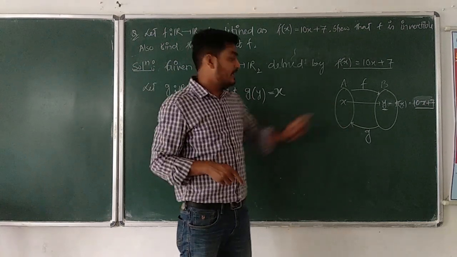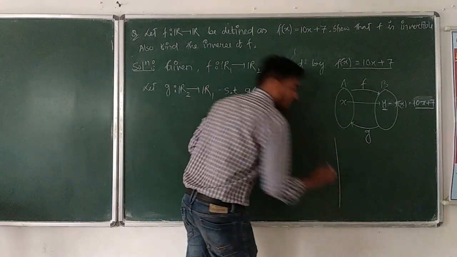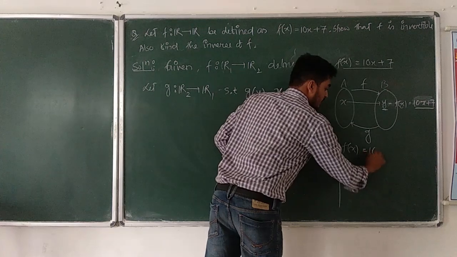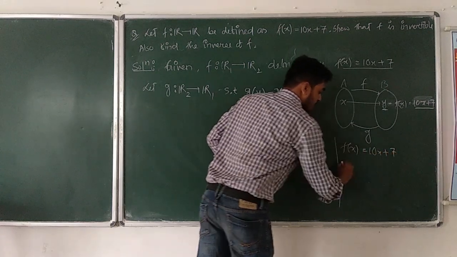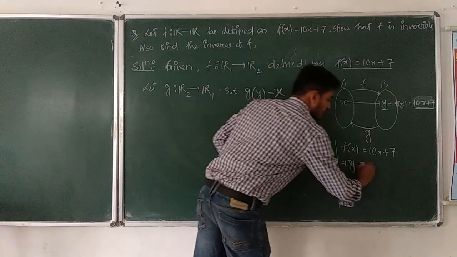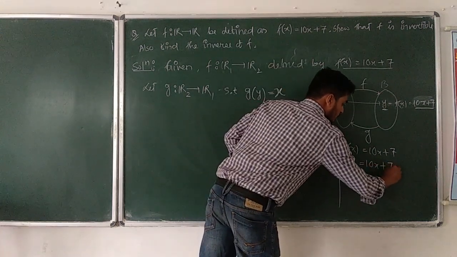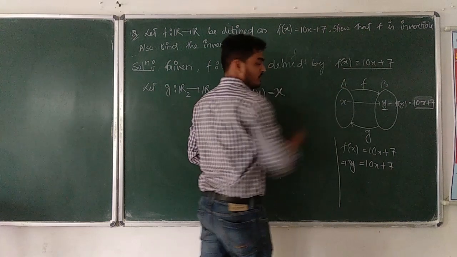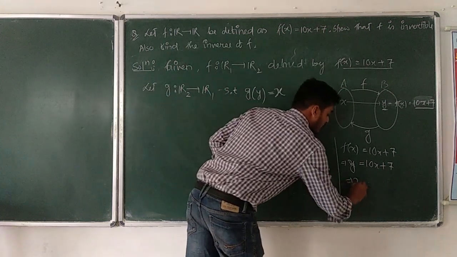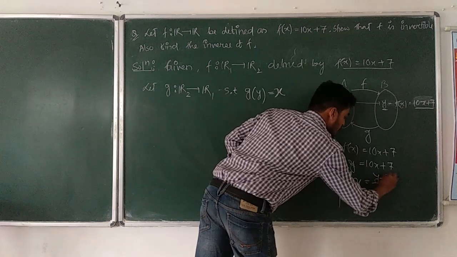How do we express it? A very simple procedure. The f of x is given to us: f of x is equal to 10x plus 7. Am I correct? Now you have to simplify it. f of x is equal to y. From 10x plus 7 equals y, after simplification we have x is equal to (y minus 7) by 10.